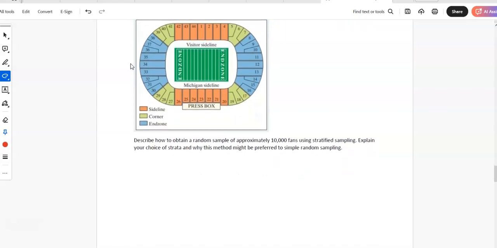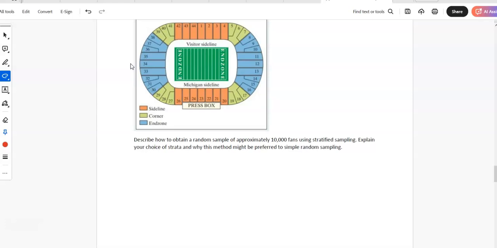So here's the map. Describe how to obtain a random sample of approximately 10,000 fans using stratified sampling. Explain your choice of strata, and why this method might be preferred to simple random sampling. So we have three areas: sideline, corner, and end zone. So it seems like we should stratify by area of the stands.